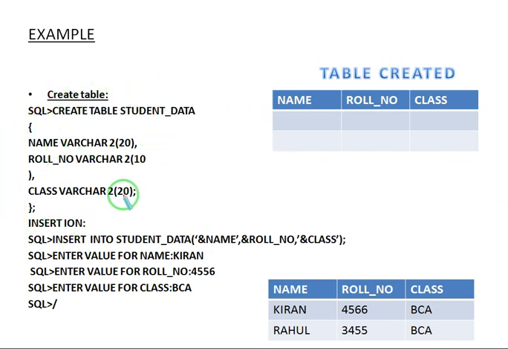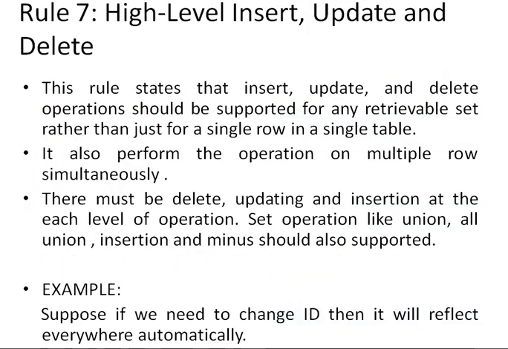We will definitely see the syntax and each and every term, how to create a table, how to insert information in that table in unit number 2 using SQL language. But see here, at a time we can insert multiple rows in the same table, right? So this is rule number 7, high level insert, update and delete operation.